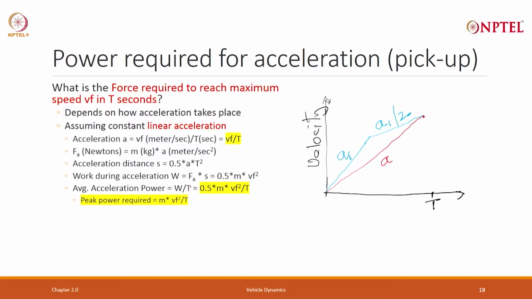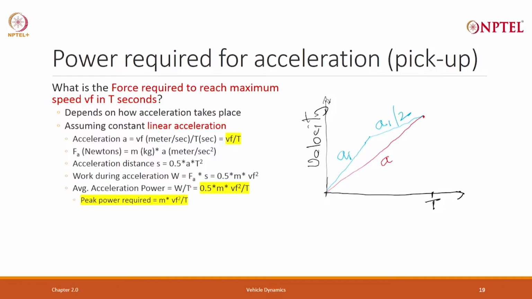So it will be double the average, because when the velocity is V f, the force m V f by t is acting while actually travelling at that speed. So that is the peak power.